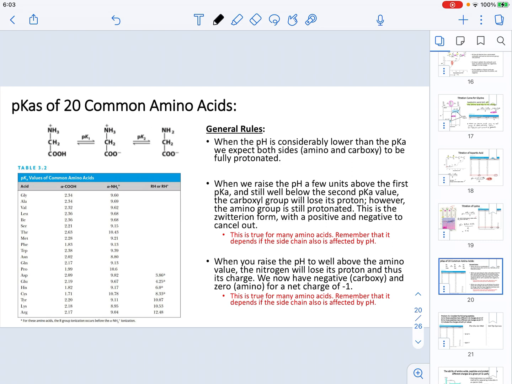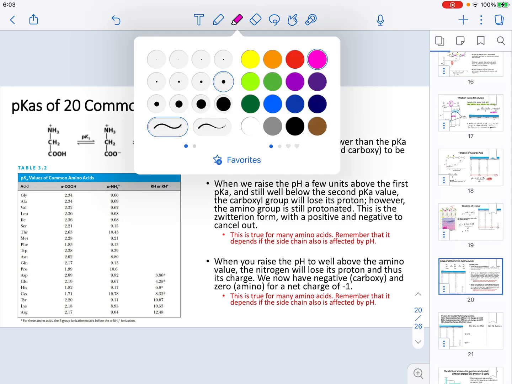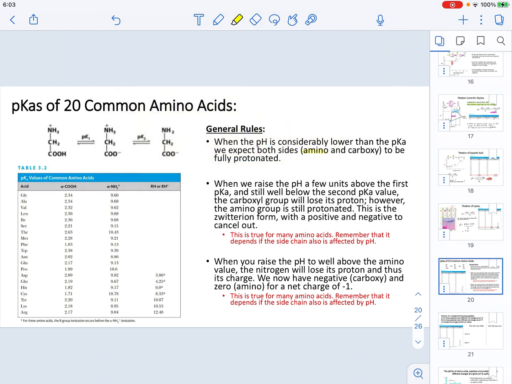And as you can see, that is illustrated. I'm just going to highlight it. This means that we're going to have a positive ammonium for your amino, and we're going to have a carboxylic acid that doesn't have any charge because of the bonding pattern for the carboxylic acid.